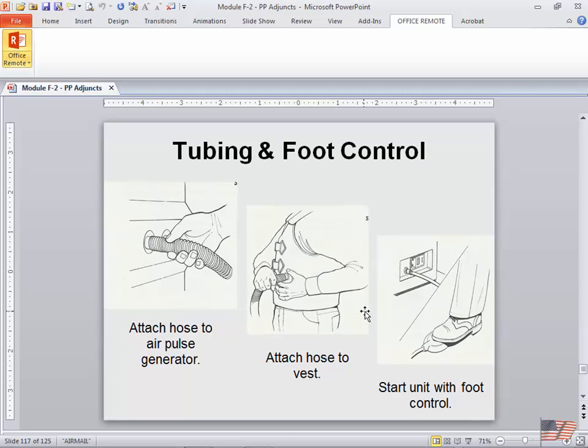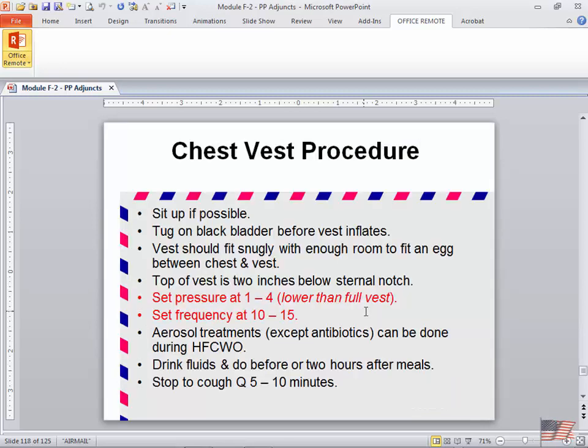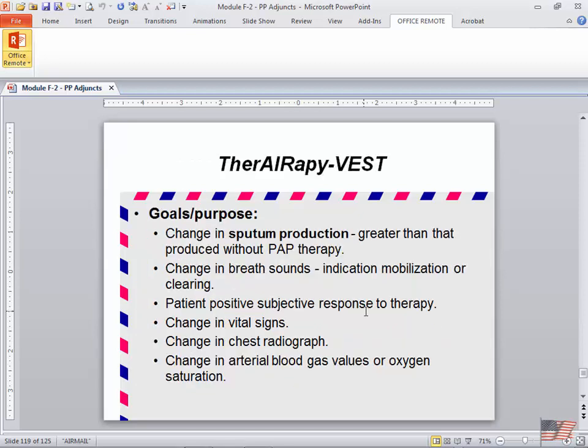And again, the same idea. We started with the foot control after connecting it. A little bit lower pressures than the full vest. Frequency is about the same, and you can see the goals here. If I haven't said this before, positive pressure to open up the alveoli, or splint open the airways, and vibration to cause those secretions to be mobilized towards a more central airway.